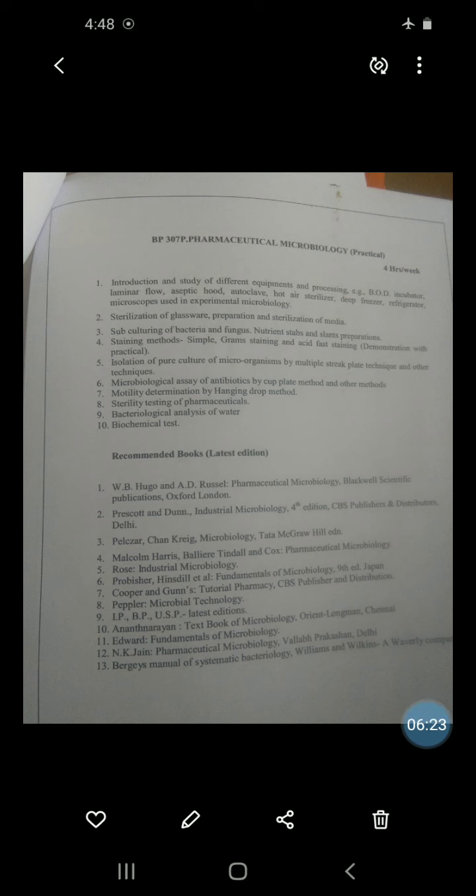Adjust the light by using the diaphragm, which is attached to the microscope, as I discussed in the last practical on the different parts of the microscope. Now observe the cells for their morphology. What is morphology? It means size and shape. Observe the cells for their morphology as well as their true motility.